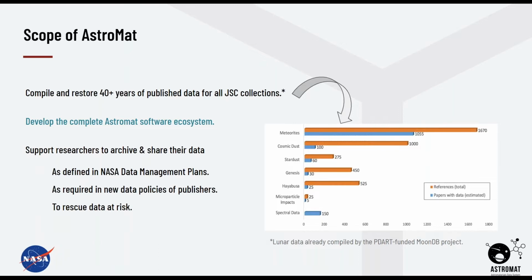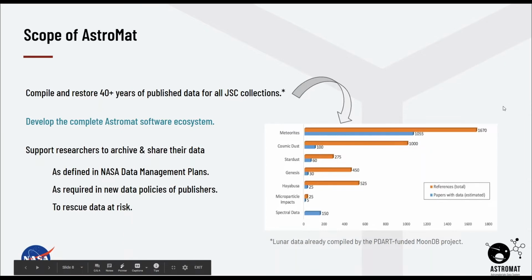The lunar samples data have largely been compiled already through the MoonDB project. And then we have a lot of these other collections, the biggest one being cosmic dust. But we will, over time, also expand to include spectral data.